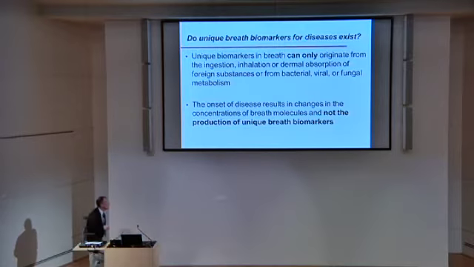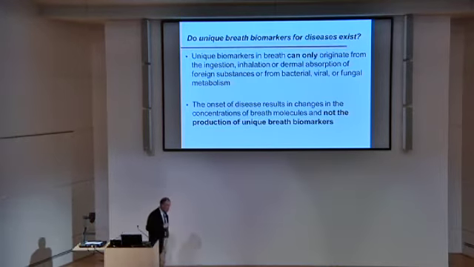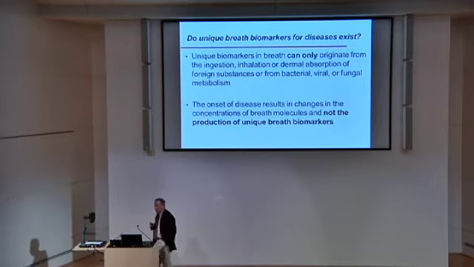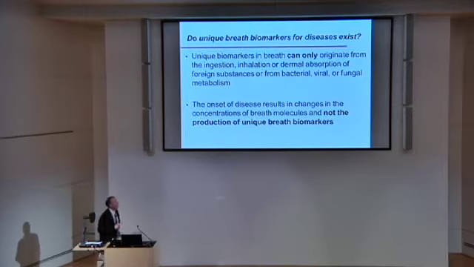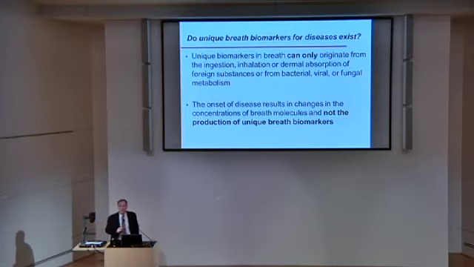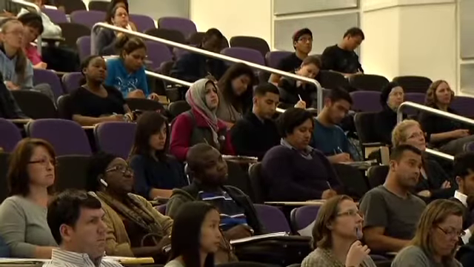Okay, I'm going to put up a controversial slide because I think very strongly about this. Unique biomarkers in breath can only result from the ingestion, inhalation, or dermal absorption of foreign substances, or from bacteria, viruses, fungi, metabolism.